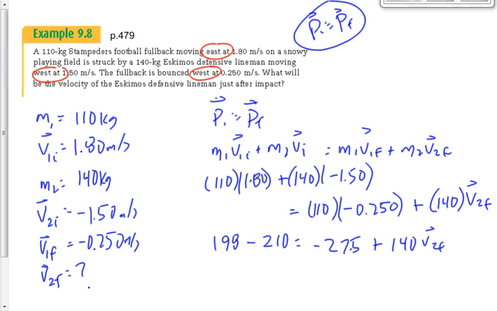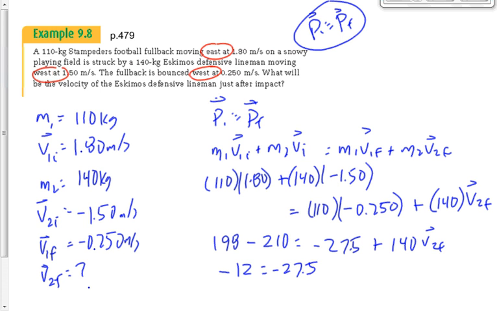All right. What do you want to combine first here? Tiffany, what do you want to try first? Combine the 27.5 with the other side? Good. Let's do that. So do a couple things at once here. 198 minus 210 gives me negative 12. Negative 12 plus 27.5.